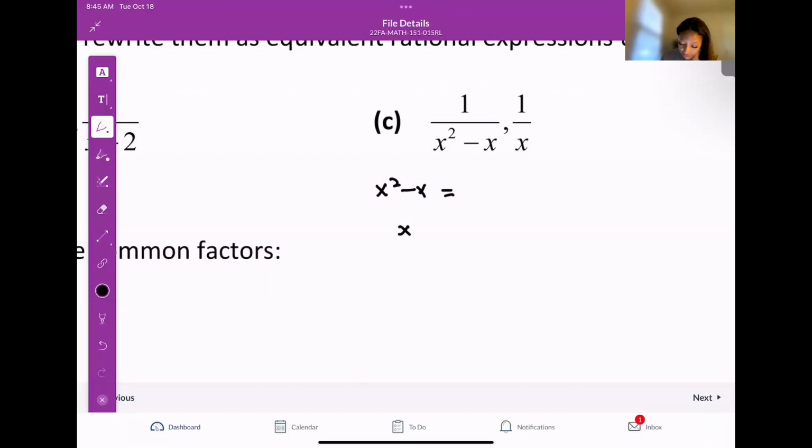If we factor them, x squared minus x is x times x minus 1, and x is just x. So when we compare for the LCD, we need to have an x, because both of these have one x, okay? And then for the x minus 1s, we need to have an x minus 1. So the least common denominator is x times x minus 1.